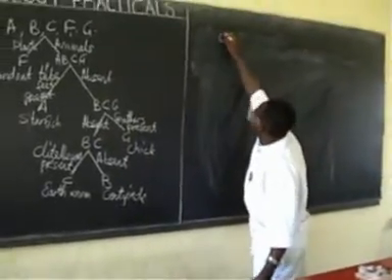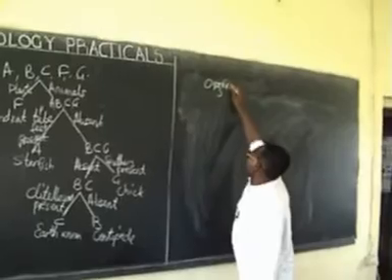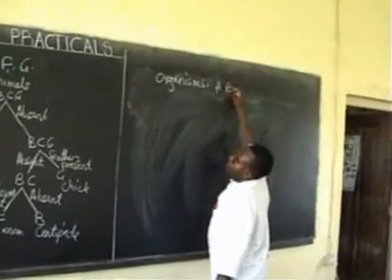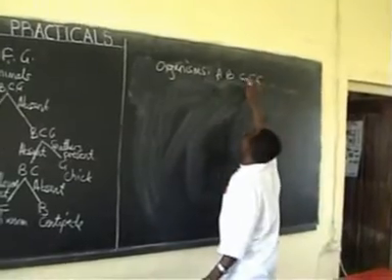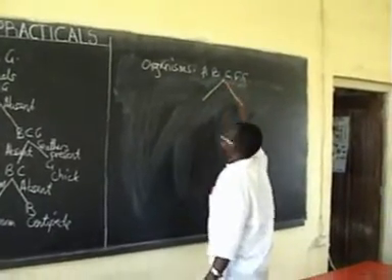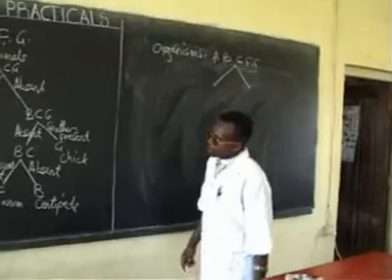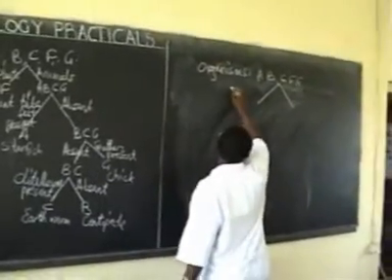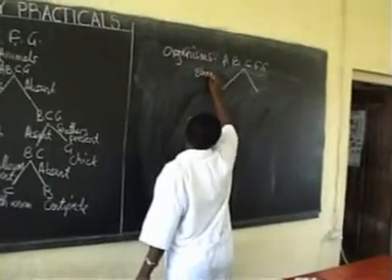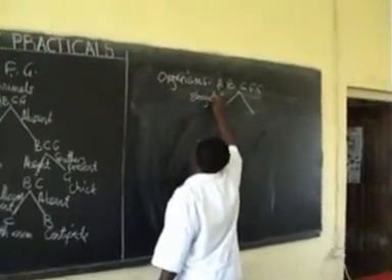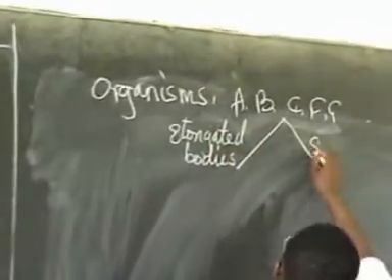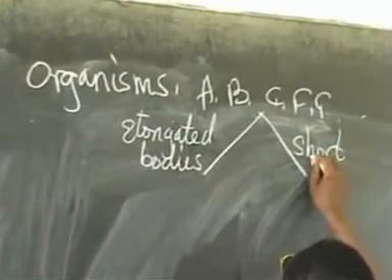If you have your organisms, you have A, B, C, F, G. You can separate them and you have more than one organism. So let's say we are using the elongated bodies, then short bodies.